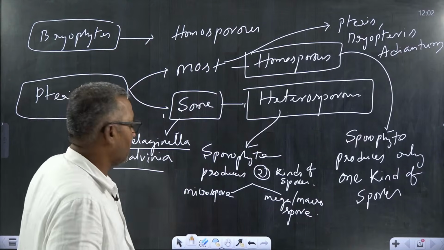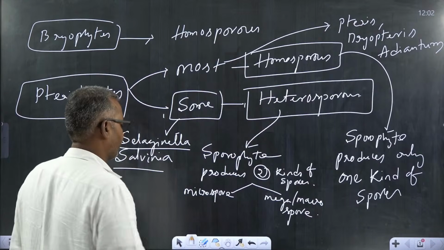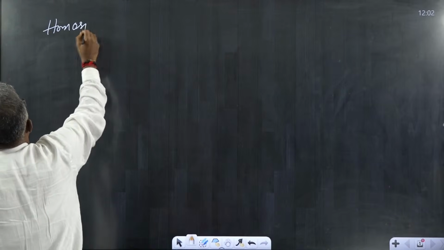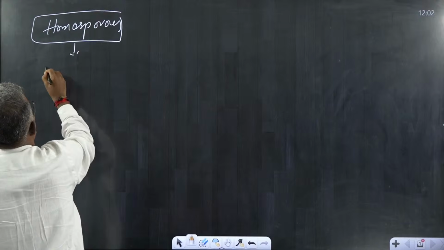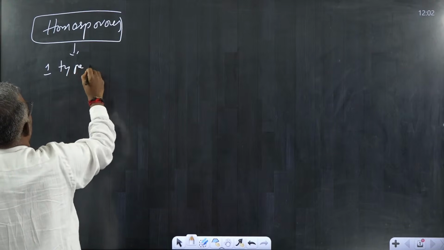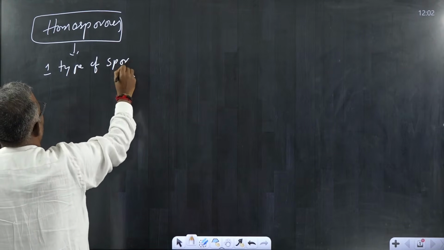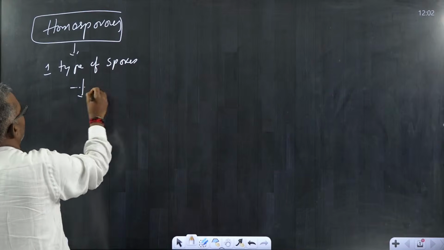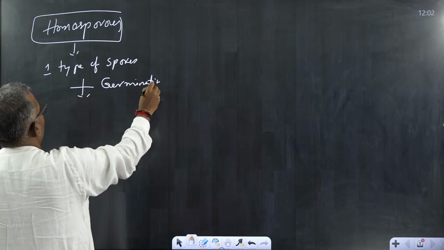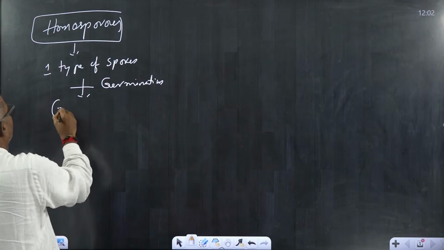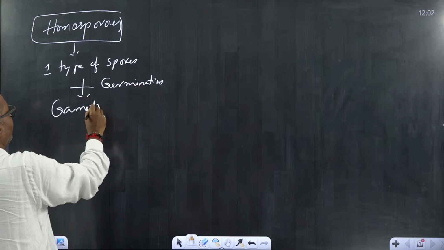And one more important aspect that you must know here is, in case of homosporous species, I said one type of spores is produced, and these spores on germination form a gametophyte.